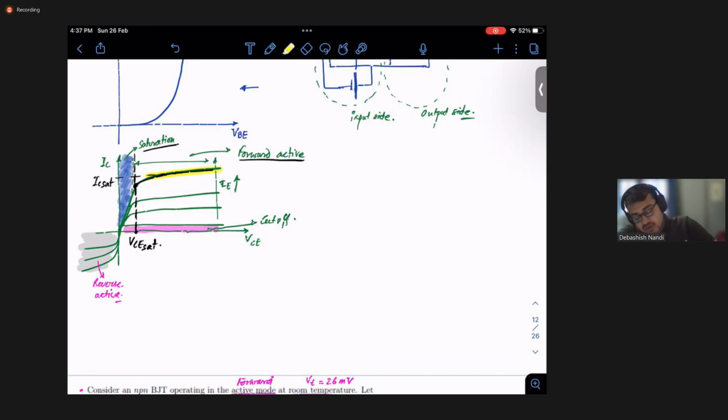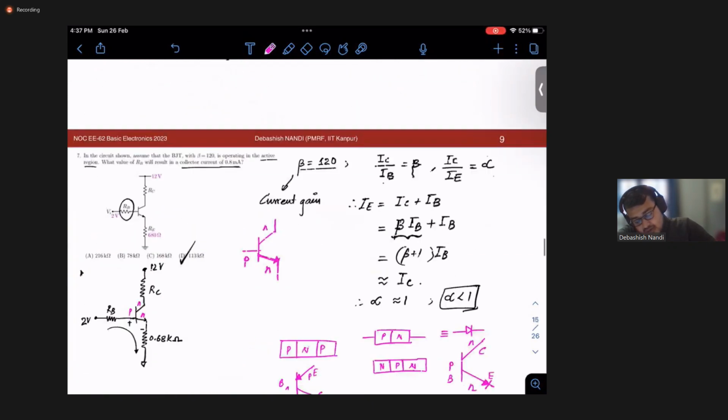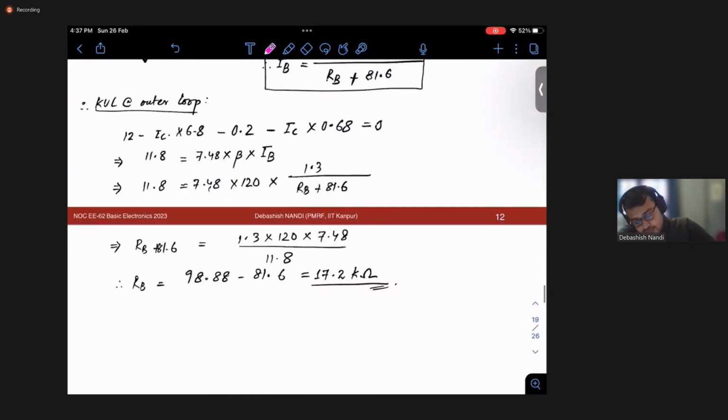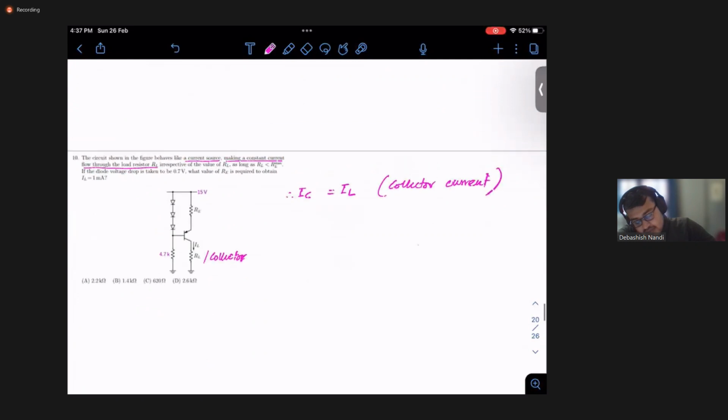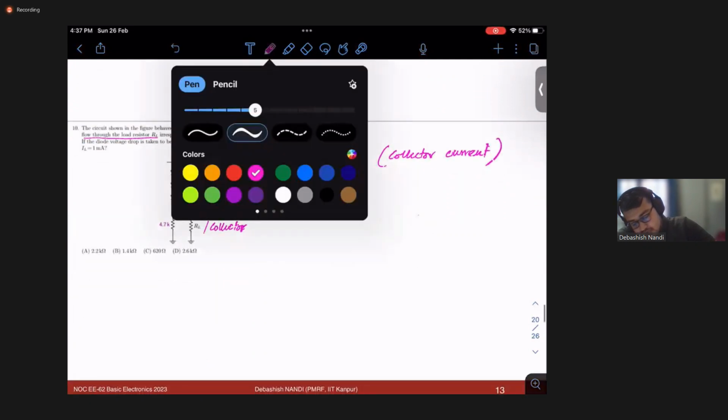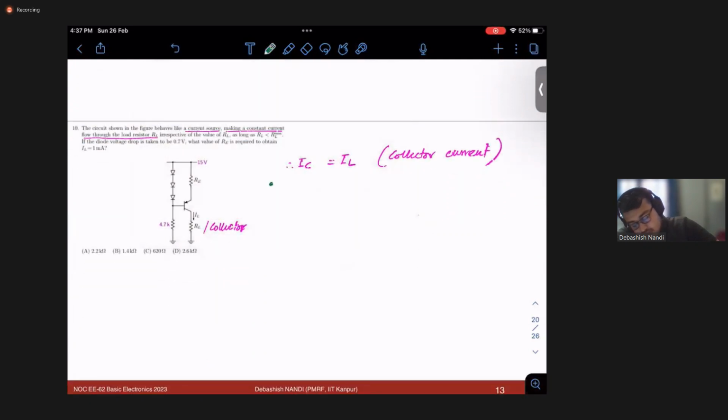How does an ideal current source characteristic look like? If I ask you, let me go to that page. Current source means I constant.